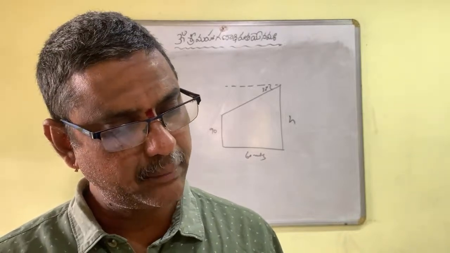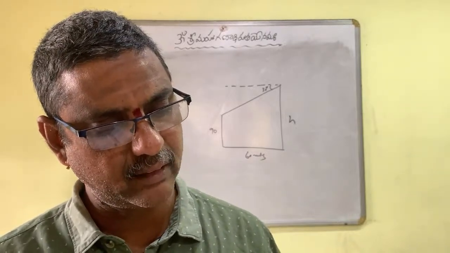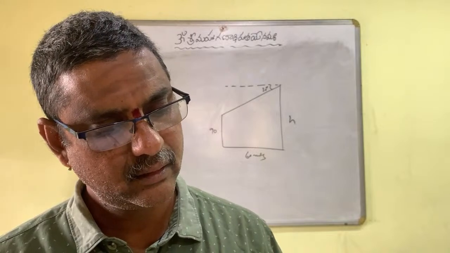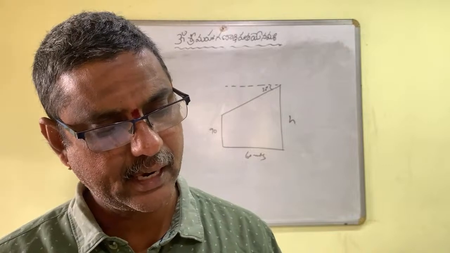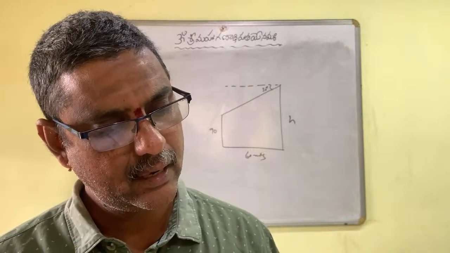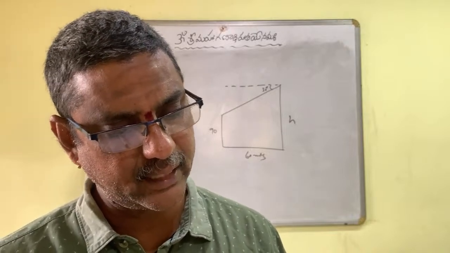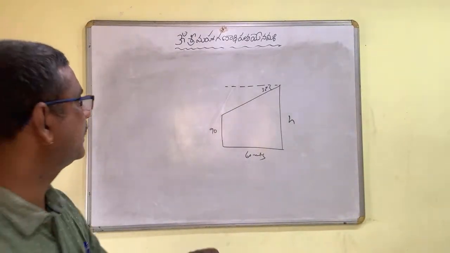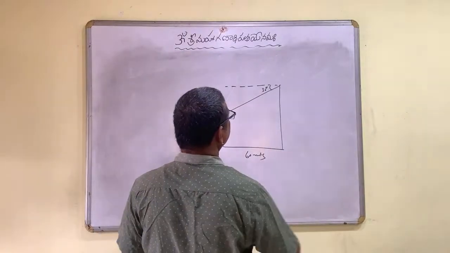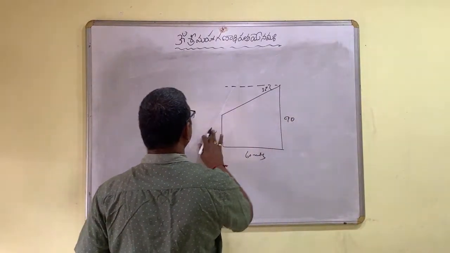The angle of depression of the top of the first tower when seen from the top of the second tower is 30. The height of the second tower is 90. We need to find out this.